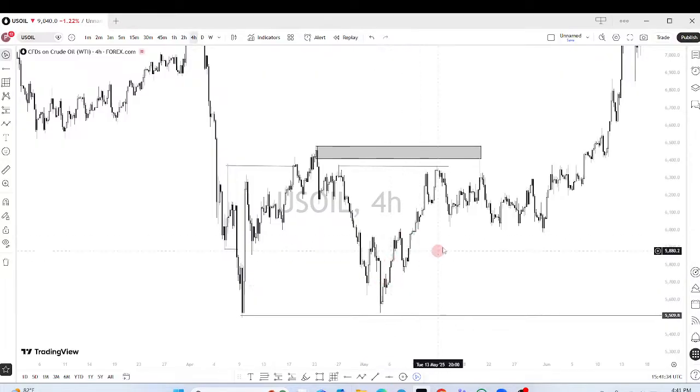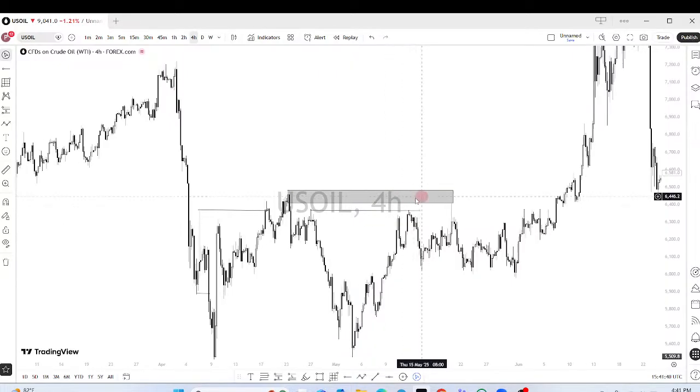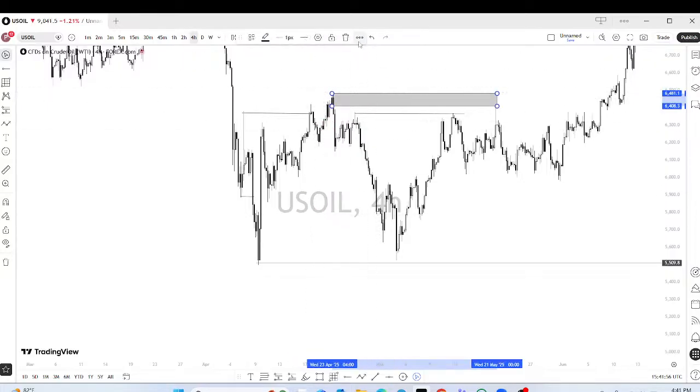That means you are still in the bullish trend. So you won't be taking this level here as your sell because we are in the bullish now. This was the last break of structure to the downside, and then we got a change of character here. This becomes our last lower low, and this becomes our last higher high. So you won't be taking your trade here.